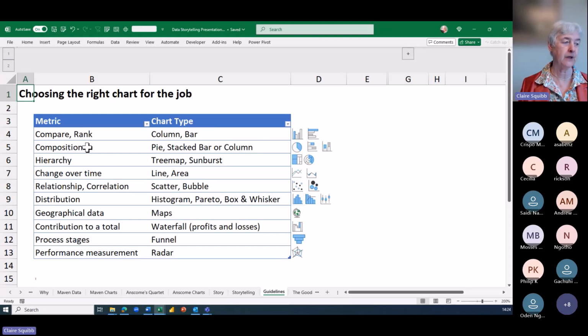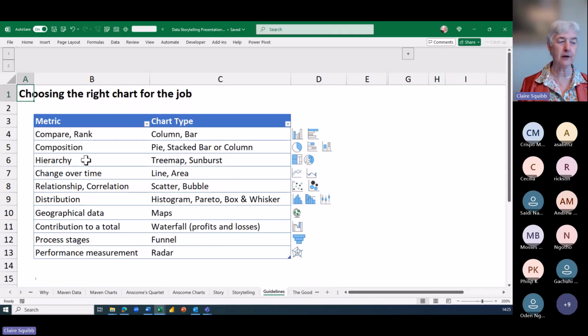Composition charts. If you're looking at the component parts of a whole, then pie charts are okay. Stacked bar charts or column charts are quite useful because then you get to see the whole amount and also how it's broken down.